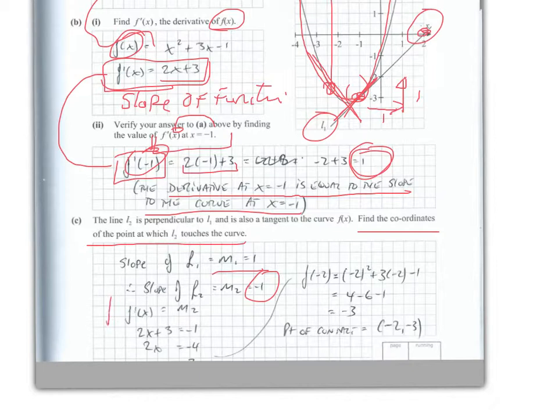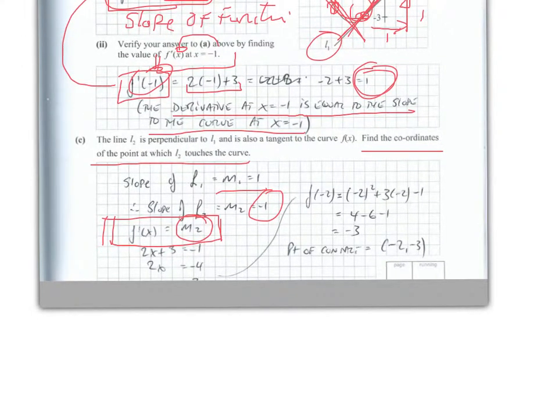And the slope function that we derived from the function f, the first derivative f'(x), is also equal to the slope of m2, so we can equate that. We can say 2x plus 3 equals minus 1, so 2x is equal to minus 4, x equals minus 2.